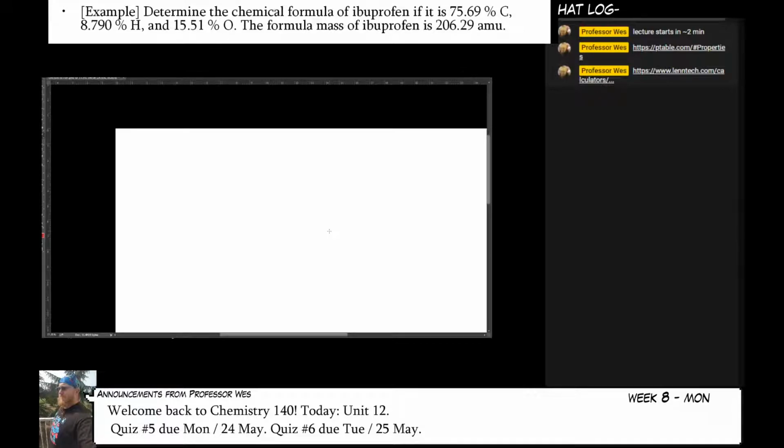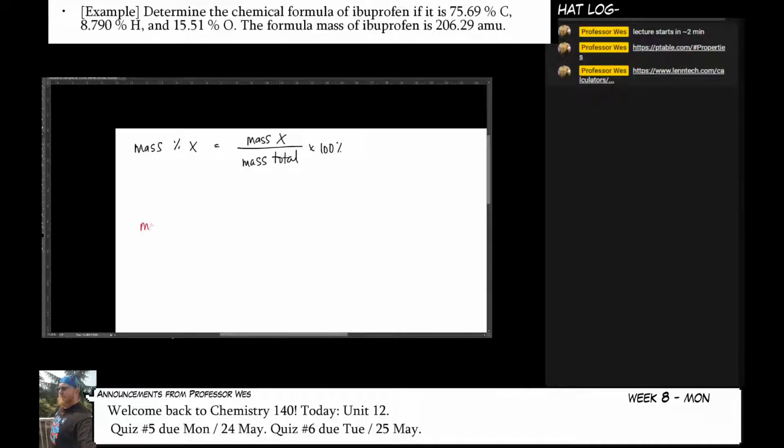And the way that we're going to do this is we're going to manipulate the mass percentage formula. Now, looking at this, I know what the mass percentage of, say, carbon is.